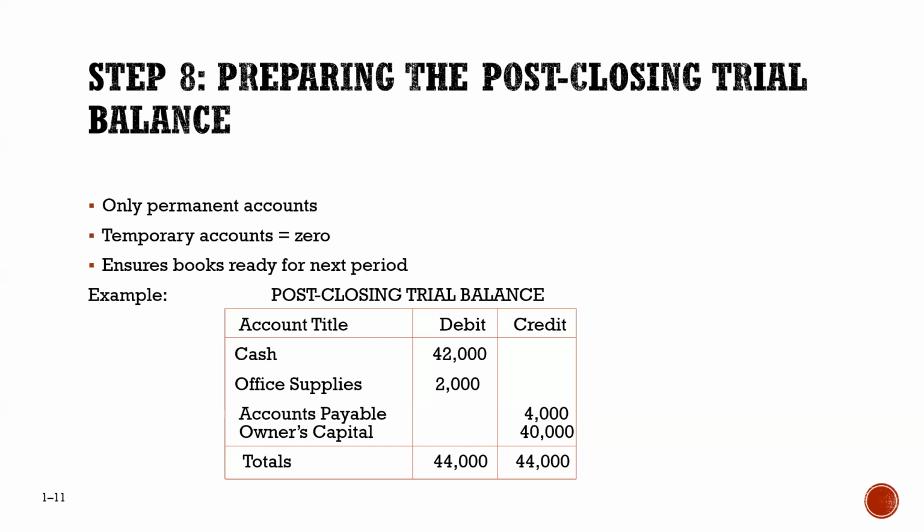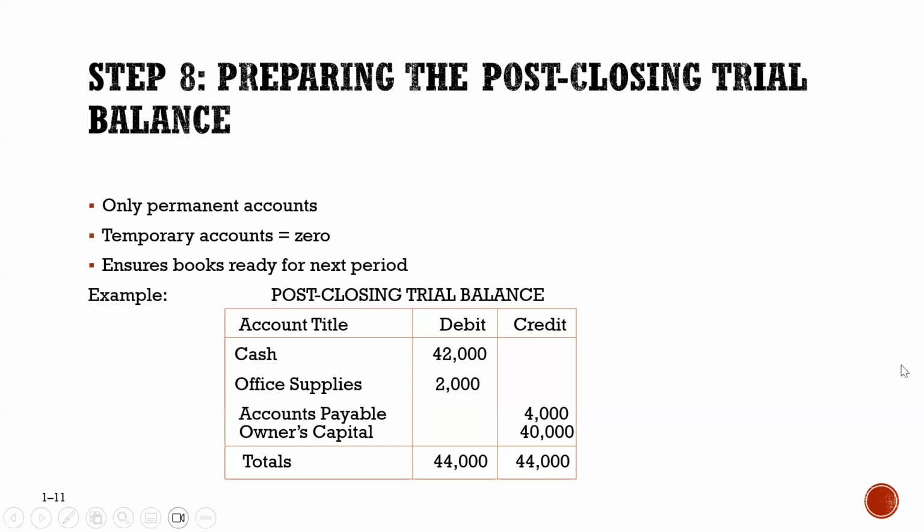The purpose of this trial balance is to confirm that debits and credits still balance after closing entries. For example, the cash account may show 42,000, supplies 2,000 rupees, accounts payable 4,000, and the owner's capital is also 40,000. When we list them, total debits equal total credits, that is 44,000. This means the ledger is ready for the next accounting period.